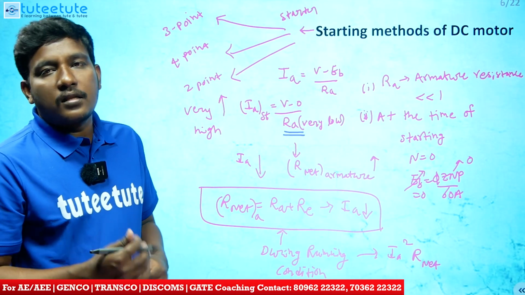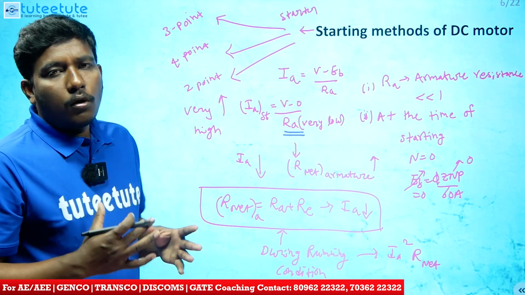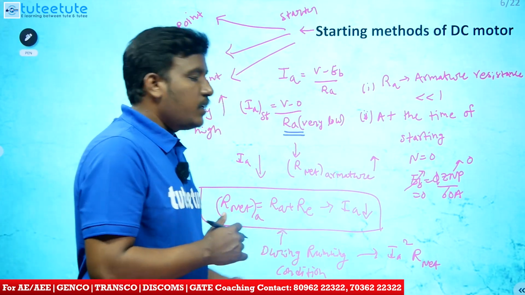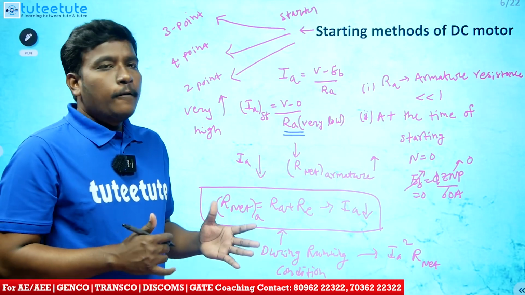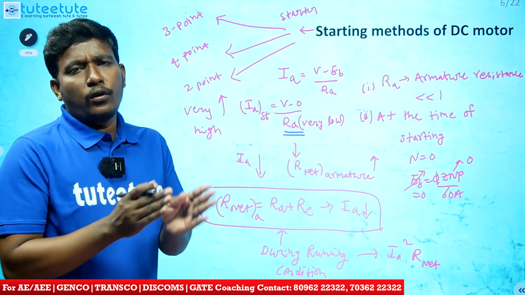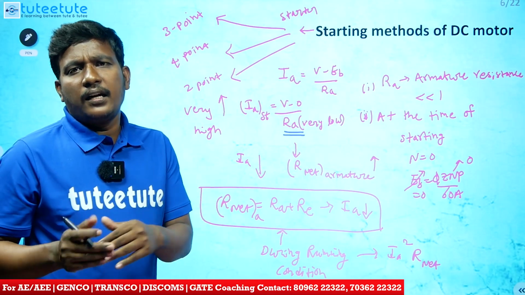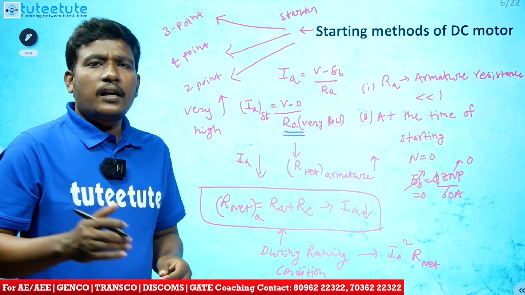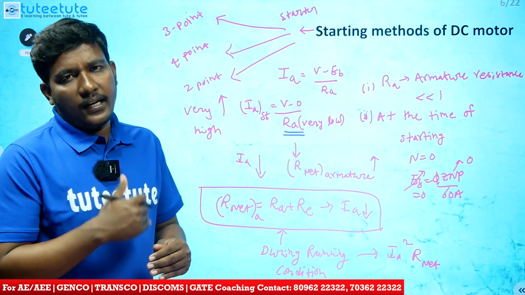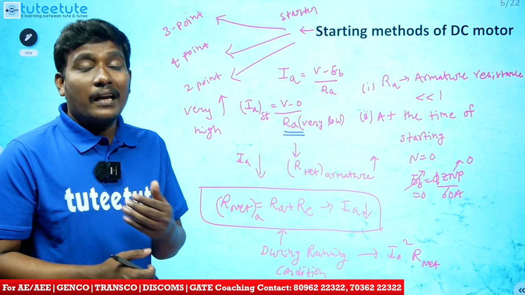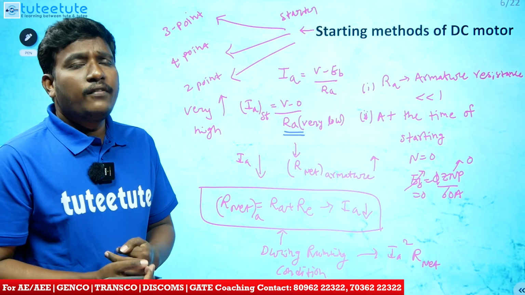That means copper losses are going to be very high. So what we need to understand from this session is that we need the external resistance only at the starting time, and we need to remove it during running condition, so that we can reduce the starting current and improve the running performance of the given motor.